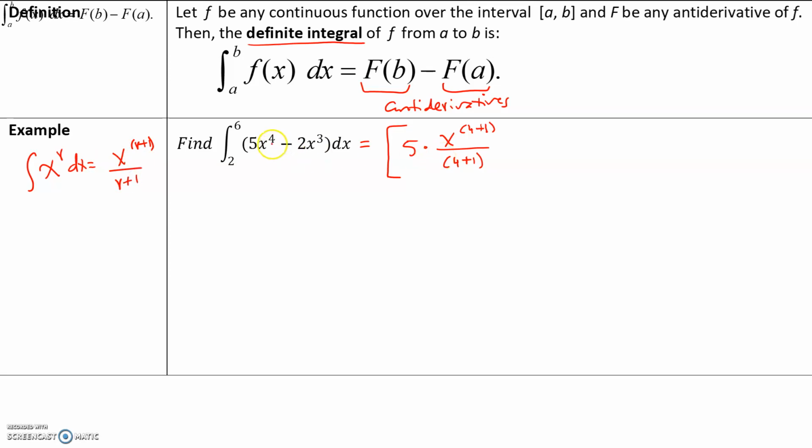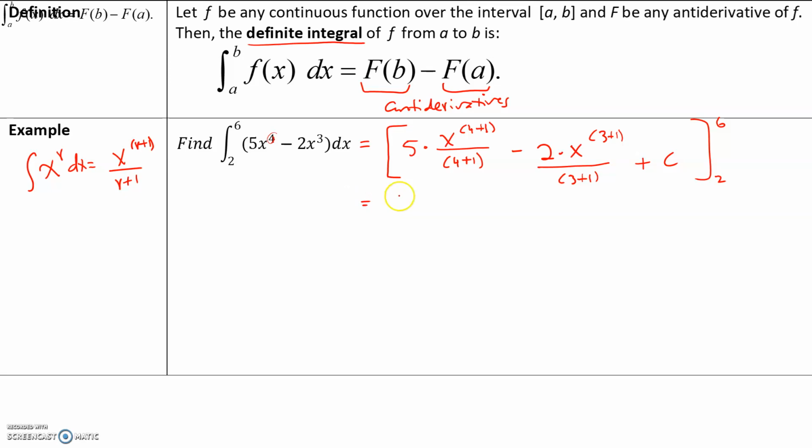So the exponent here is 4, so 4 plus 1 divided by 4 plus 1 minus 2 times x to the 3 plus 1 divided by 3 plus 1. Don't forget the constant of integration c, and then that's going to go from 2 to 6.